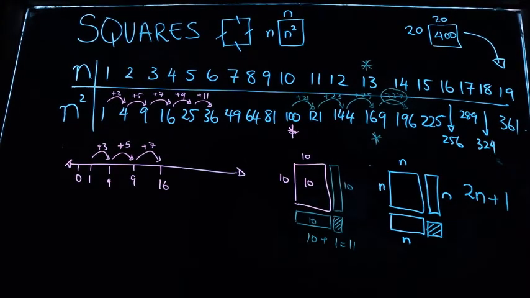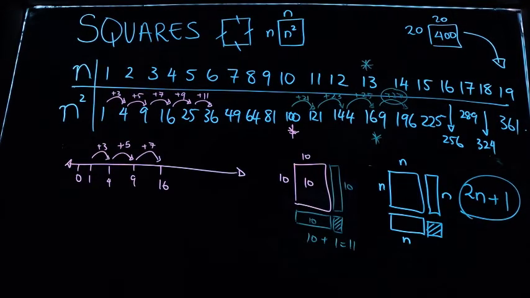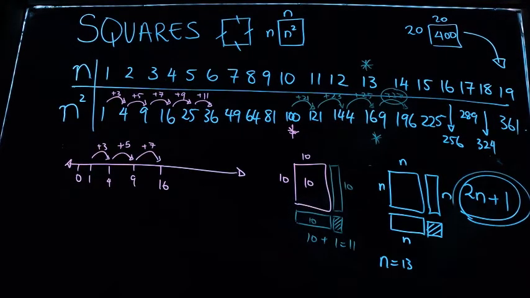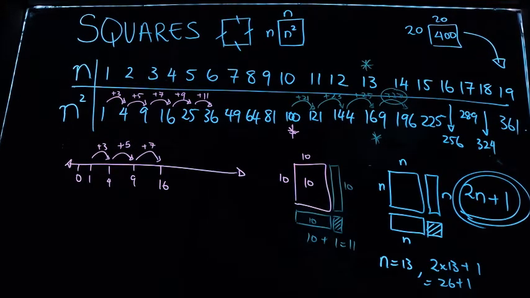So our new rule is 2n plus 1. So let's test this out. If all I knew was n equals 13, and I applied this rule, 2 times 13 plus 1, that's equal to 26 plus 1, which is equal to 27, which was a number we worked out up above.